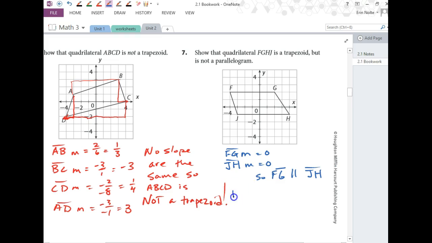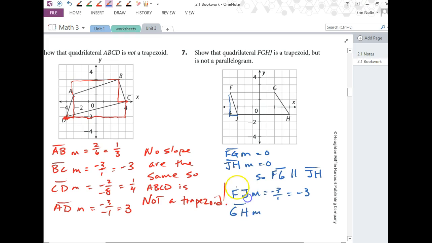So let's go F to J. From F to J, you'd have to go down 3 and right 1, so -3/1, which is a slope of -3.